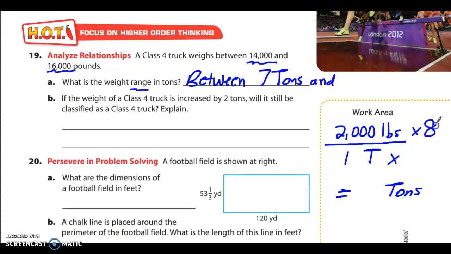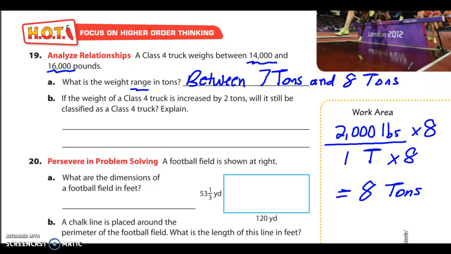I'd multiply by 8, because 2 times 8 is 16. So 2,000 times 8 is 16,000. If you multiply one term by 8, you have to multiply the other term by 8, so that would be 8 tons. So the answer is asking between 7 tons and 8 tons. A class 4 truck weighs between 7 and 8 tons.